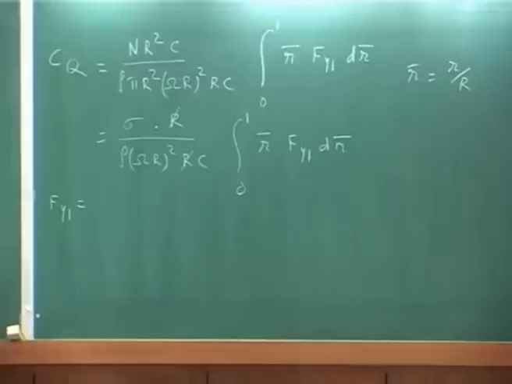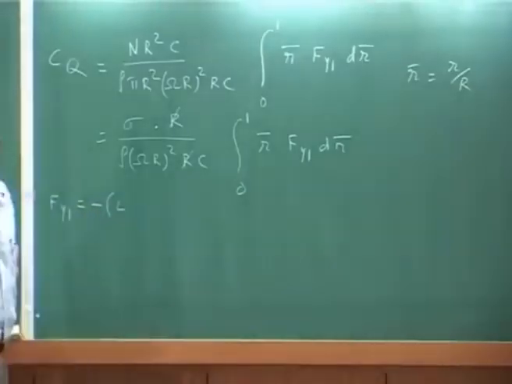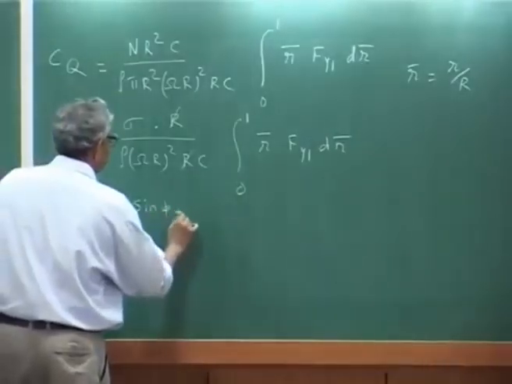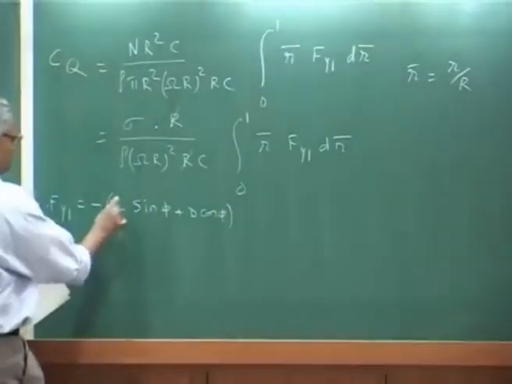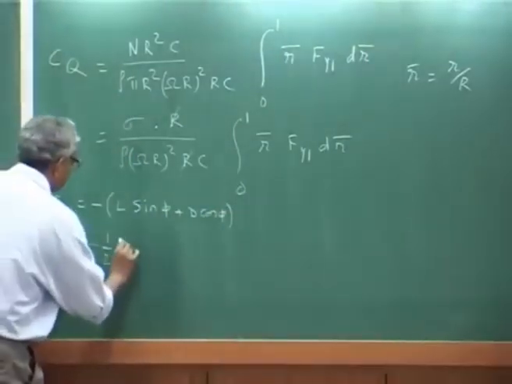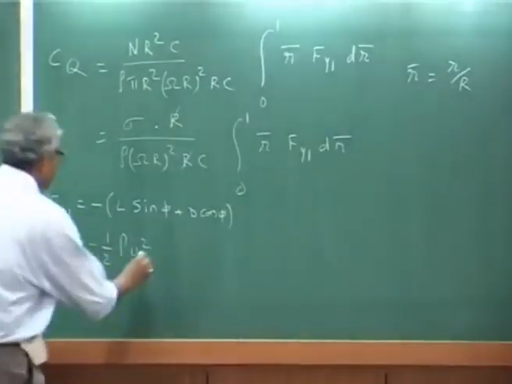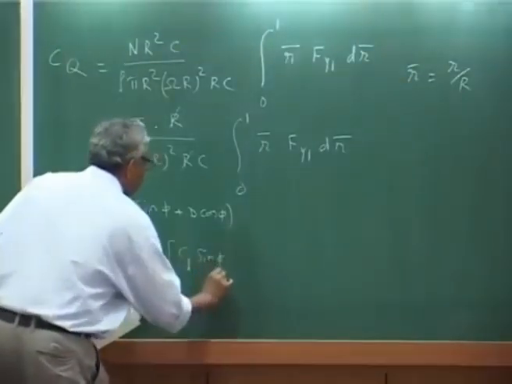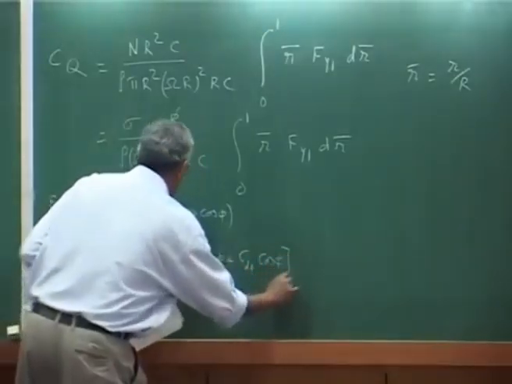Yeah, Fy1 is minus L sin phi plus d cos phi. Okay. And you know lift you have written as half rho u square C CL, sin phi plus C d 0 cosine phi. Okay.